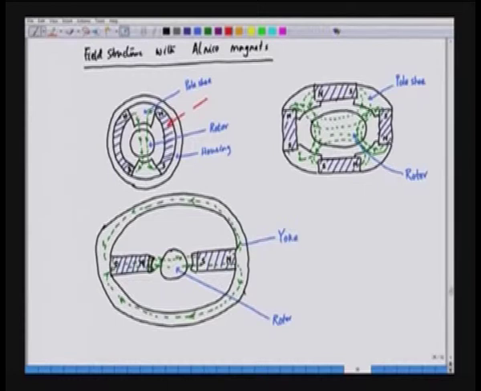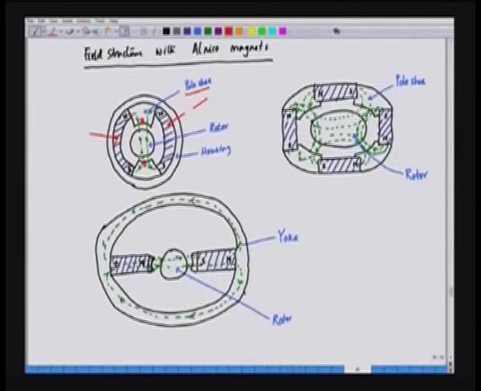You can see here we have a north pole and a south pole, and this is the pole shoe to facilitate the flow of the flux. Similarly, we can have this for a two pole structure, with one north pole here and one south pole here. So, this is basically for a two pole structure.